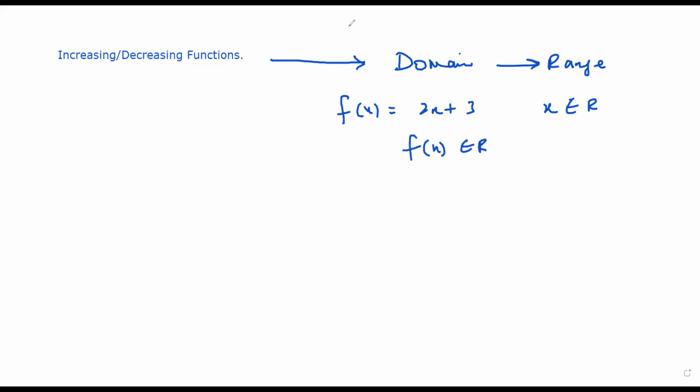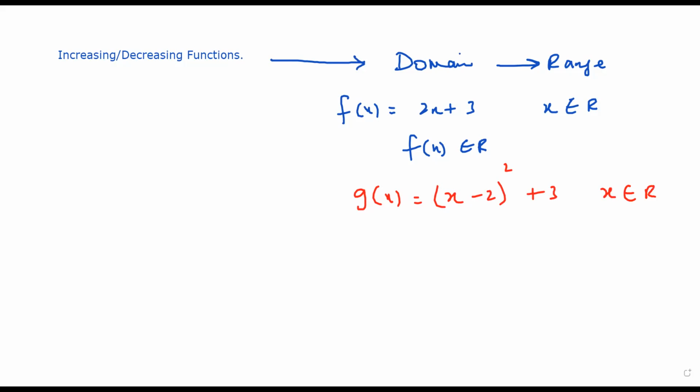Now similarly, let's say there is another function, g of x, and let me write this in completed square form. This is (x minus 2) whole squared plus 3, and its domain is again all real values.